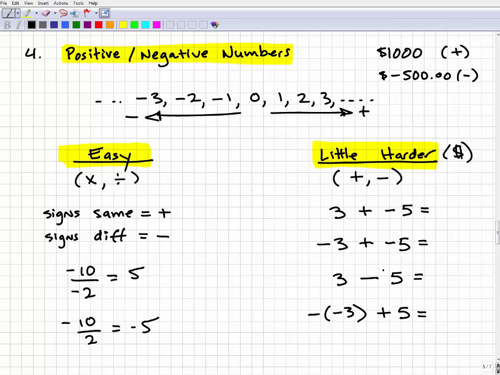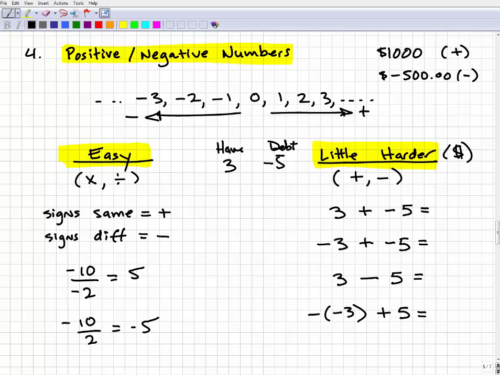The rule is if you have positive values, like say 3, that's like you have money. And negative values, something like this, is like debt, like a bill, like you owe somebody. So we just do these quick storyline scenarios, so you'll follow me when I go through this.